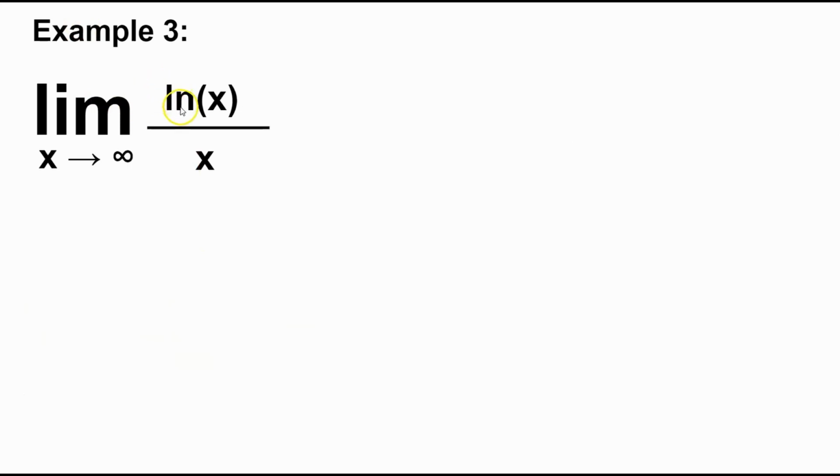Now we come to our first example where we take the x and approach it to infinity instead of a different constant. So again, our first step is to substitute in what x approaches. So ln of infinity over infinity. Ln of infinity, even though the graph looks like this, ln of x increases without bound.